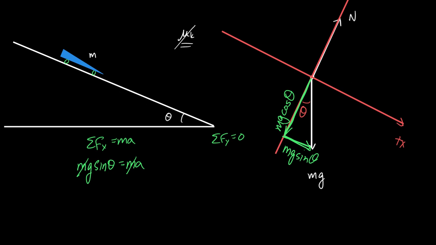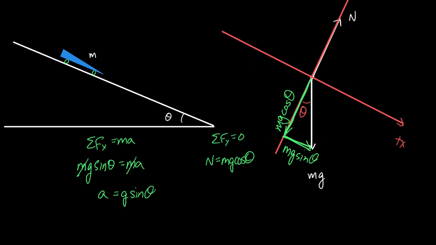I can cancel the mass out, and acceleration is g sine theta. This is if we don't have friction. In the y direction, normal equals mg cosine theta. That's not going to change whether there's friction or isn't friction. So now let's have friction as part of the problem.